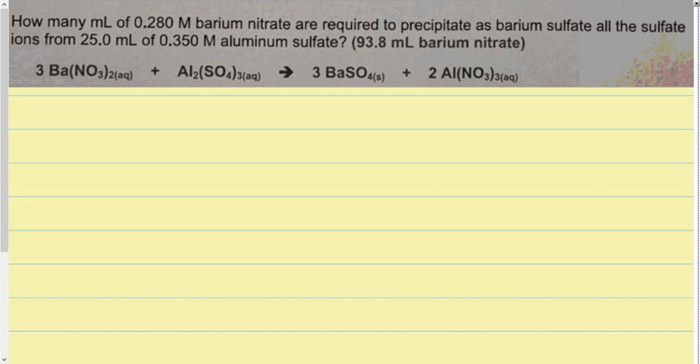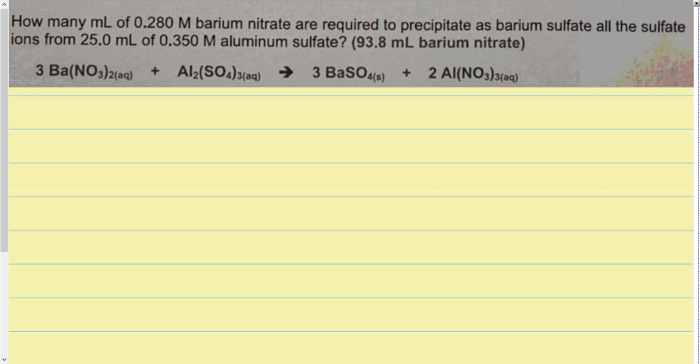Our first example shows us a situation where we're told that we have barium nitrate reacting with aluminum sulfate. And from the information that's provided to us, we want to jot down underneath the reaction the information that we have.